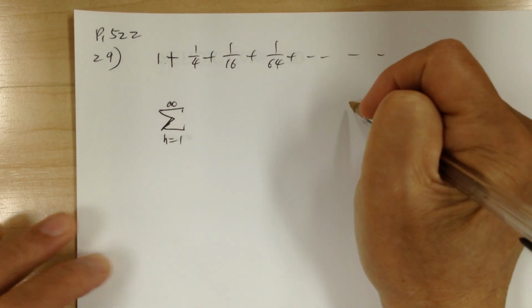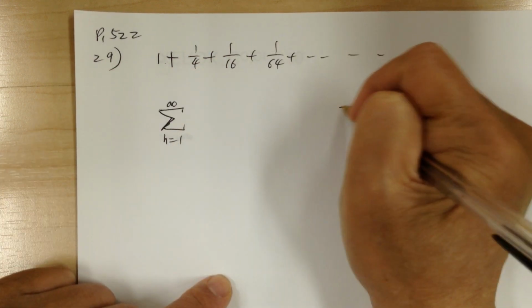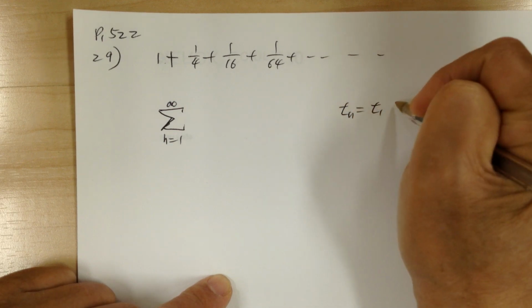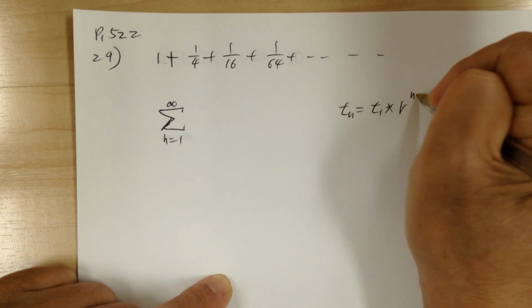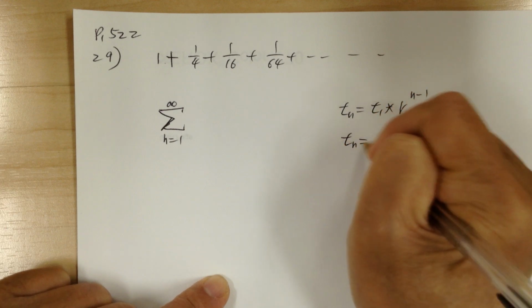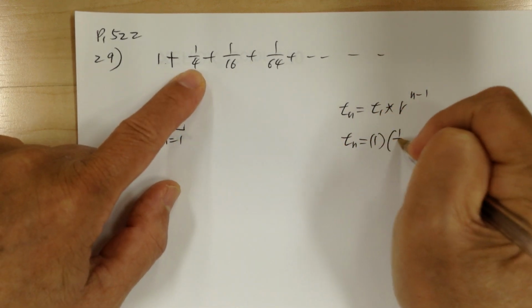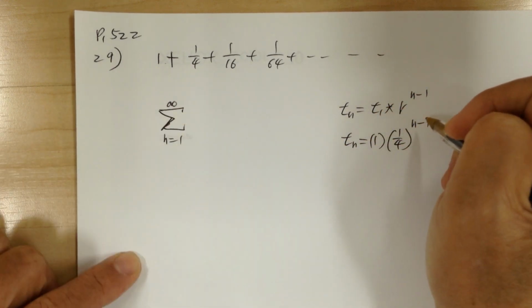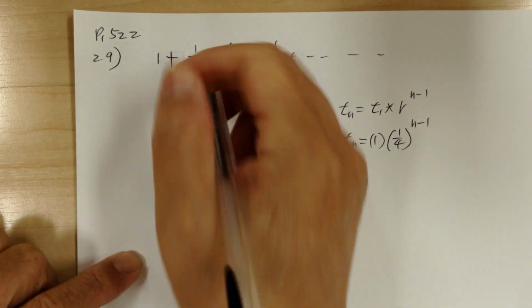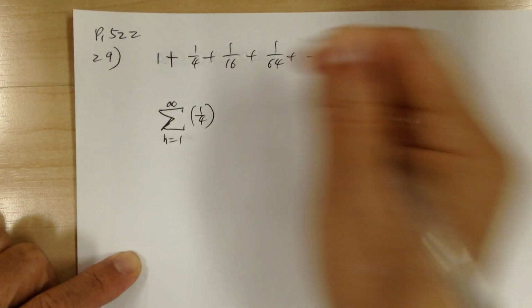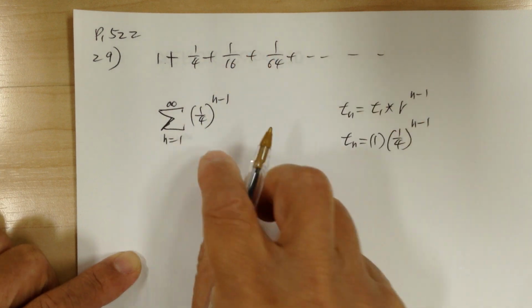And you can just use the formula for the geometric: T of n equal to T1 times r to the n minus 1. So T of n equal to 1 times 1/4 to the n minus 1, so you can just put this in here, it would be 1/4 to the n minus 1.